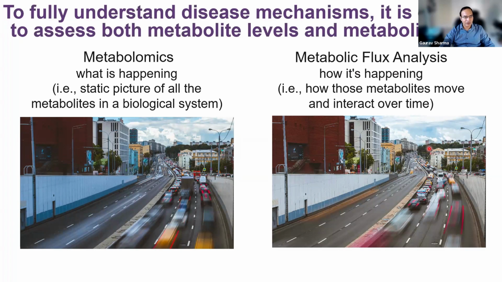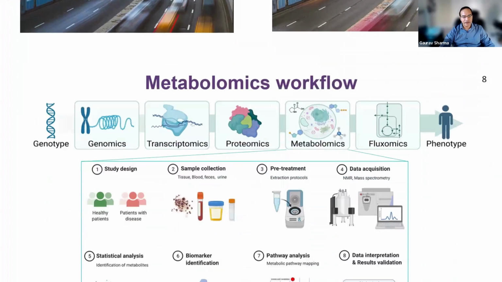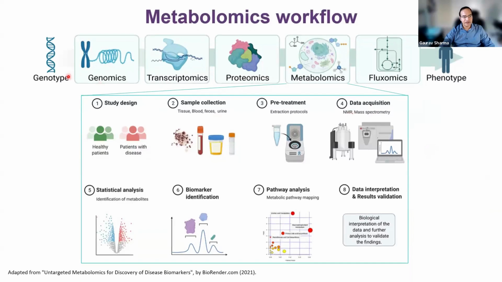Together they provide a comprehensive understanding of the disease mechanism. Now I wanted to give a quick overview of the metabolomics workflow. Like I mentioned in the previous slide about how the central dogma of molecular biology fits in there: genotype to genomics, transcriptomics, proteomics, metabolomics, fluxomics.